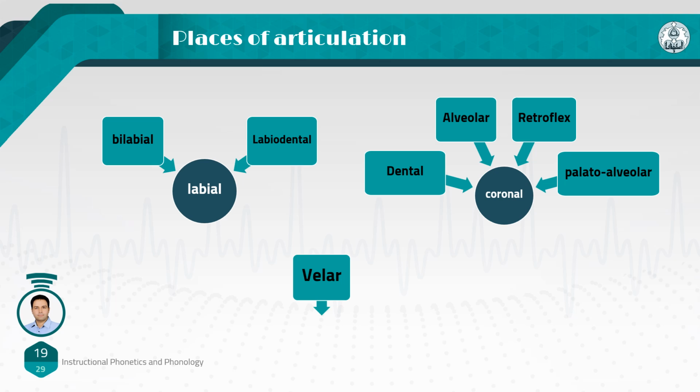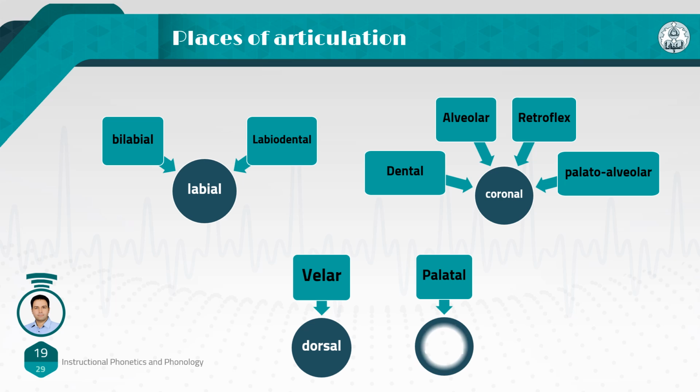Velar is a dorsal articulation using the back of the tongue. Palatal sounds are sometimes classified as coronal articulations and sometimes as dorsal articulations, a point to which we shall return later.